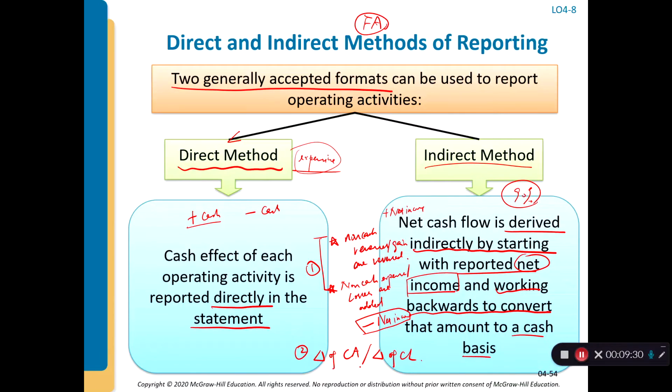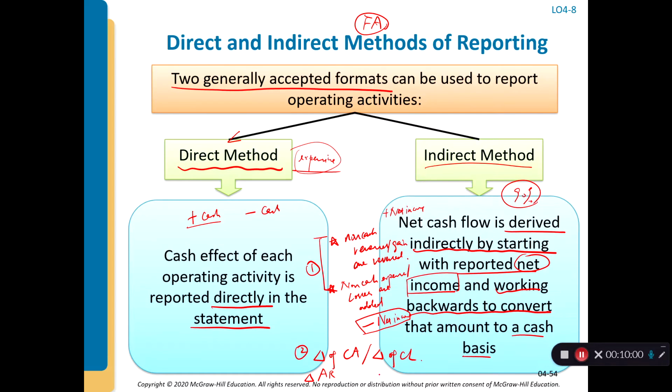For instance, suppose accounts receivable increases during the period because revenue from credit sales is greater than the cash collected from customers. This increase in accounts receivable would then be subtracted from net income to arrive at cash flow from operating activity.